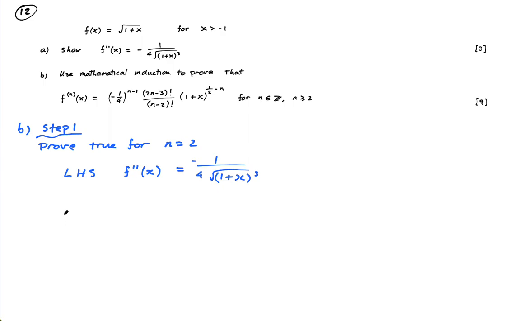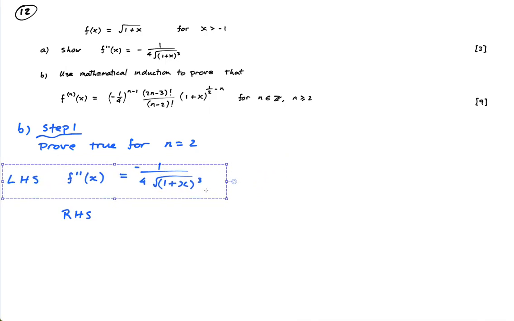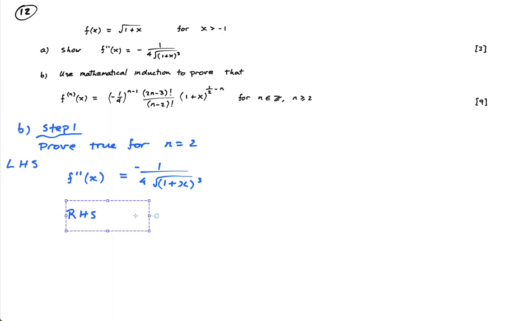And then the right-hand side, let's actually put these on the left. Let's put this here, I'll put this on the right. So the right-hand side will be when I sub 2 into here.